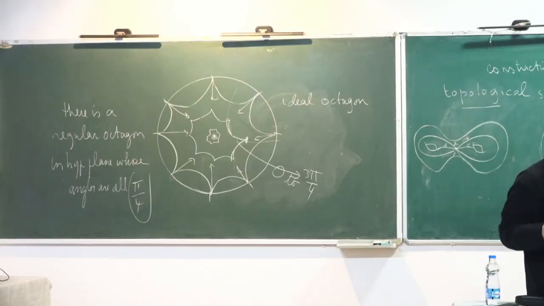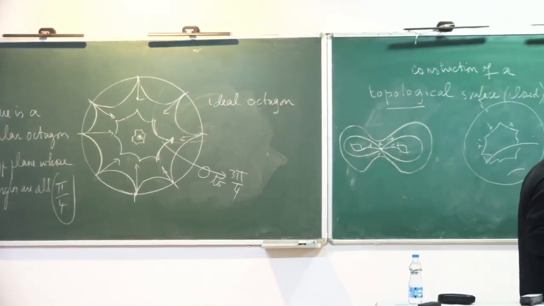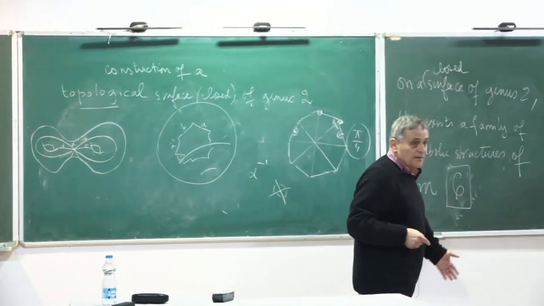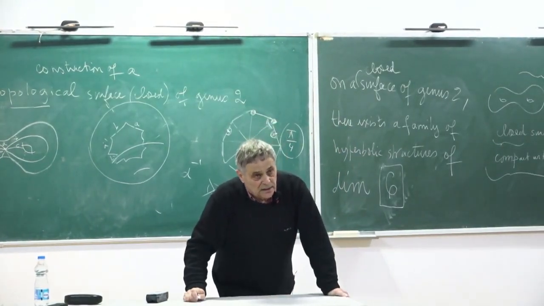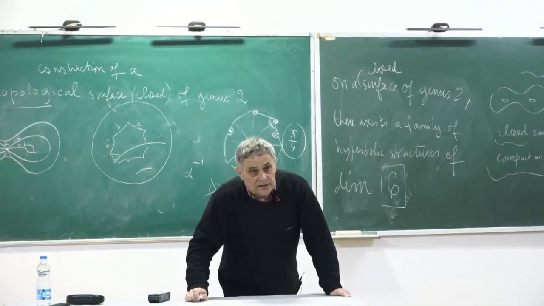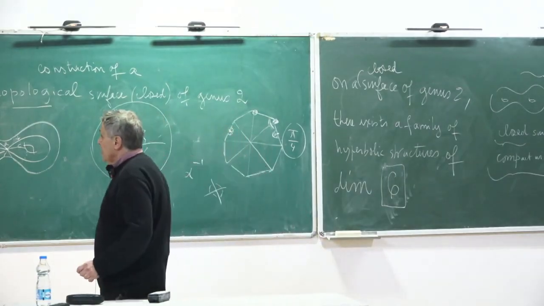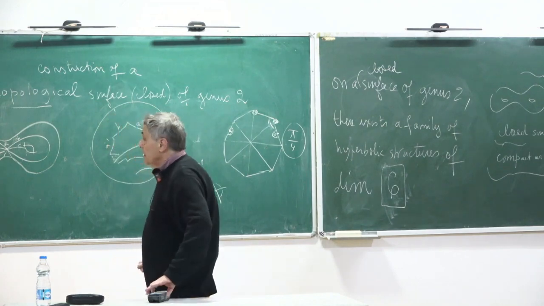If you have a method to count them, it must give you dimension 6. The independent parameters are 6. Okay, so this is one thing which is important.